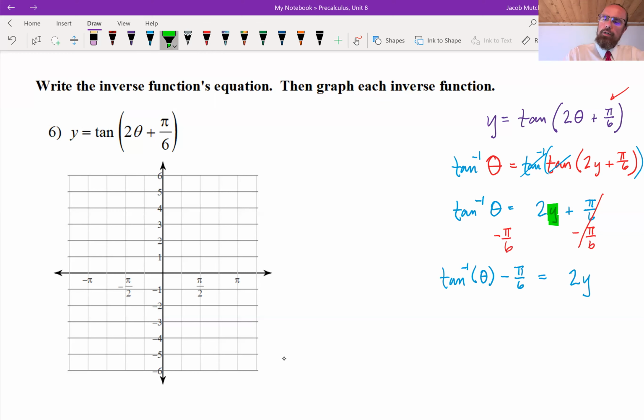And my goal is to solve for y at this point. So I've got to cancel 2. And I'm going to do that by multiplying by half. You could also divide by 2. It's going to cancel that 2 on the y in any case. And that gives me my inverse function. y equals 1/2 times inverse tangent of theta.